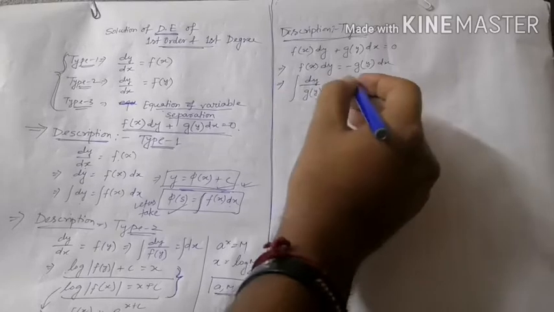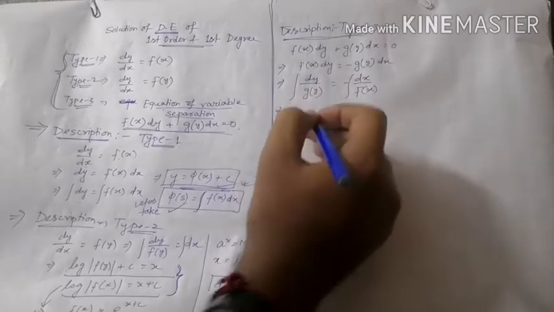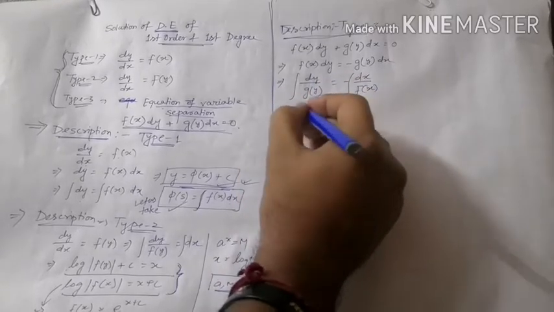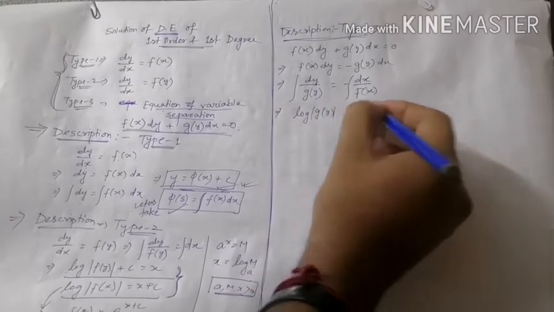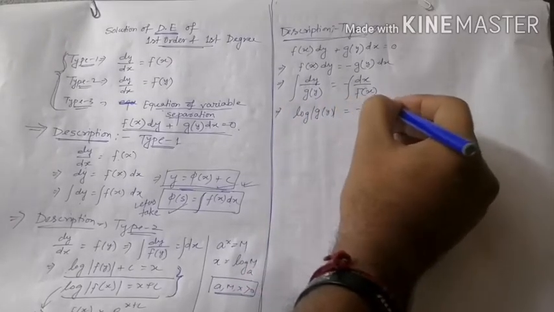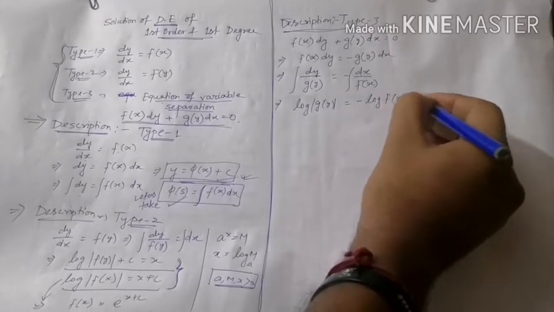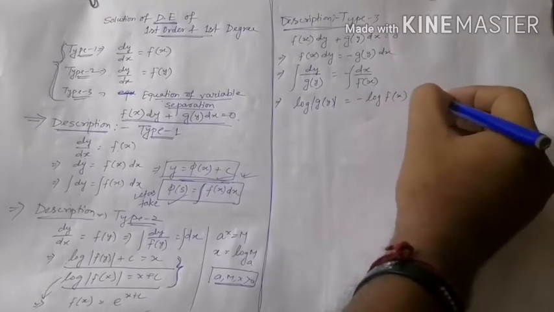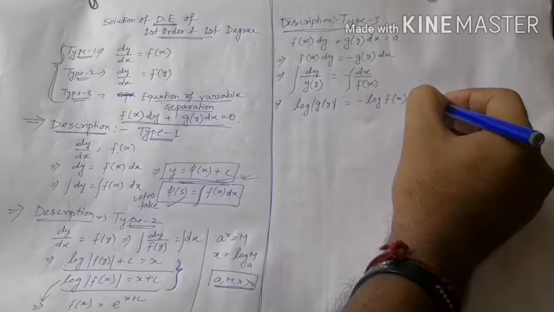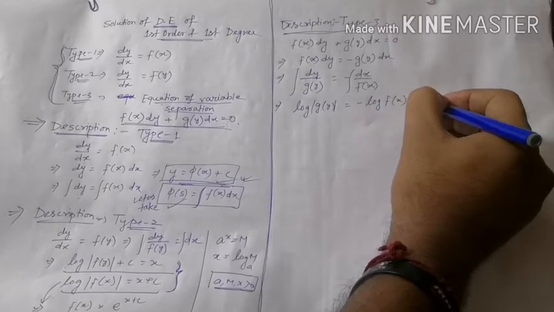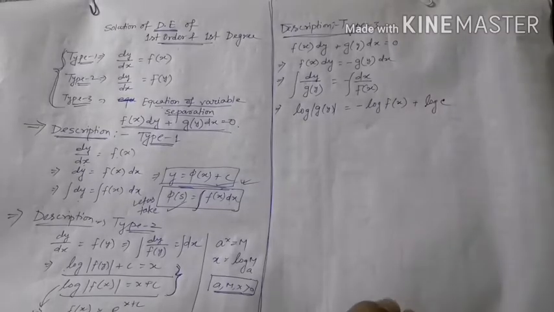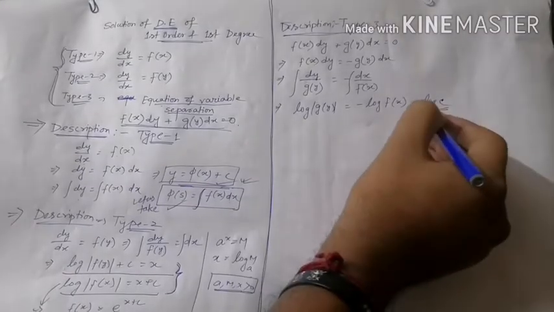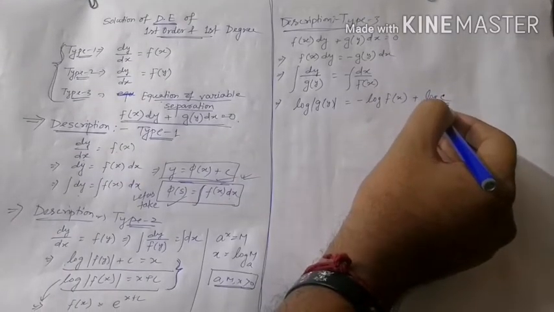By integrating both sides we can get log g of y equals minus log f of x plus, for our calculation, a constant equal to log c. We can take this constant as we wish.